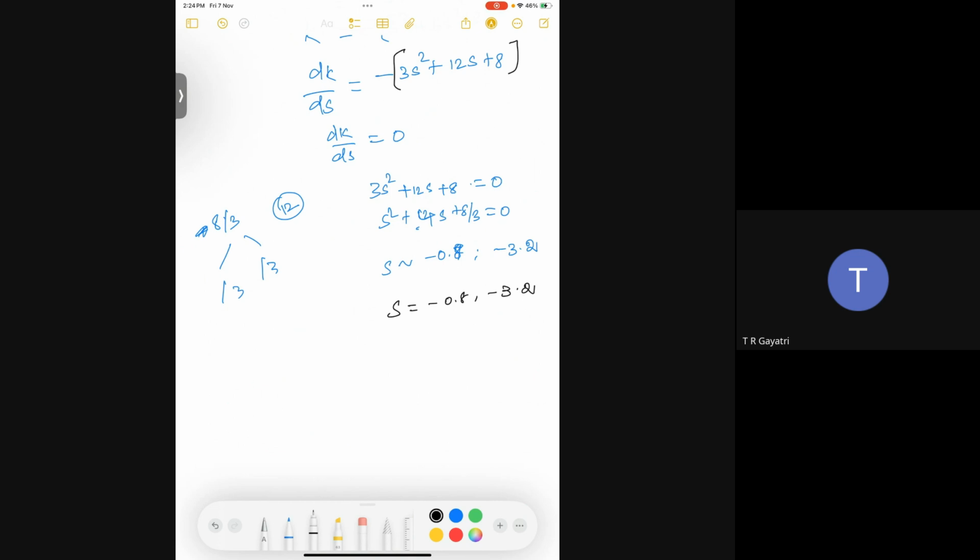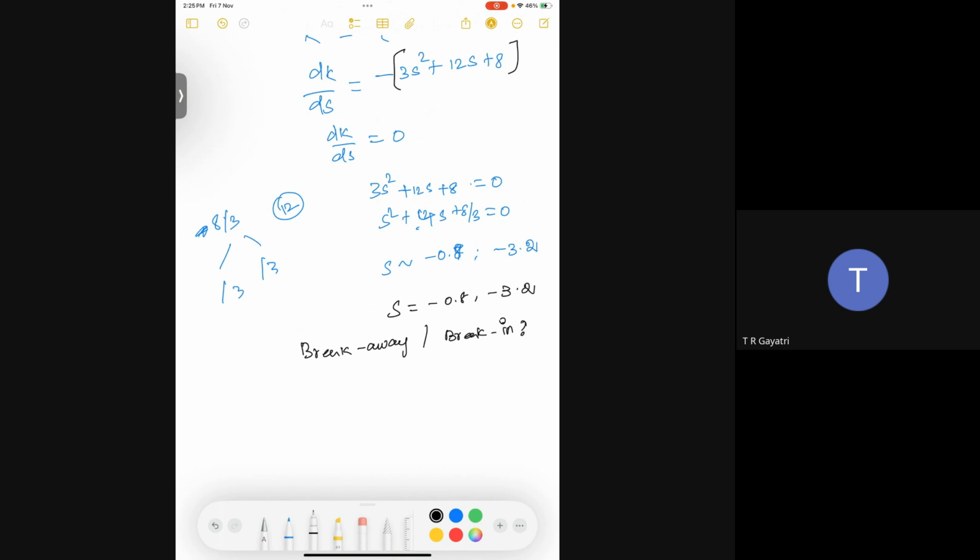Any idea? When do we call this point breakaway, or when should I call it break-in, or both are the same?